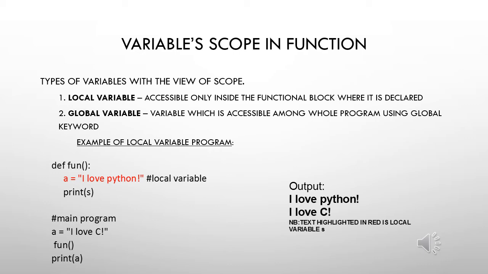In the third line of the main program, we print the variable a. This a will take the value which is assigned in the main program, which is I love C, and not I love Python, since a is a local variable. So the final output will be I love Python first and then I love C. You can try it out on your computer and see.